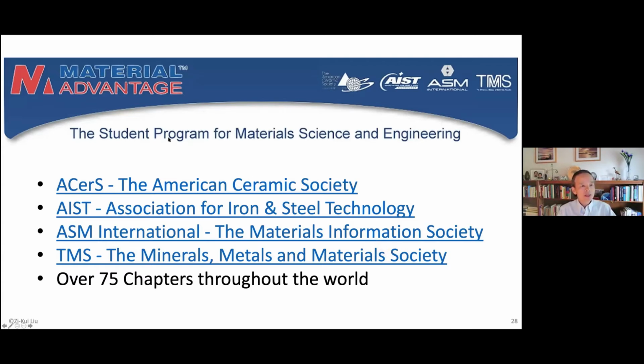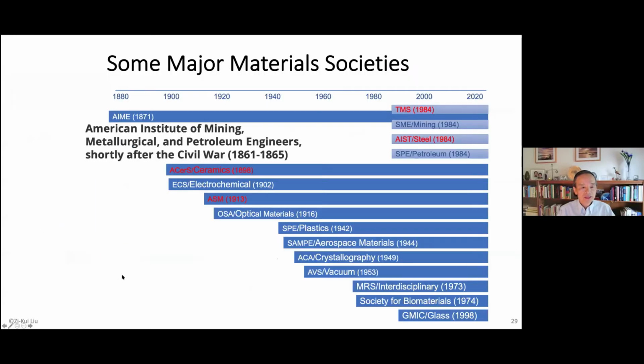As you know, Materials Advantage has 75 chapters throughout the world, so that's a very international organization. And there are many material societies alone. If you go back to a very interesting number, 1870, I mentioned that Gibbs developed his theory in the 1870s.